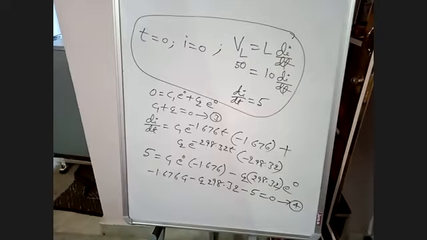Now we can solve equations 3 and 4 to get C1 and C2. Now we have two equations, 3 and 4. If you solve 3 and 4, we will get C1 and C2.